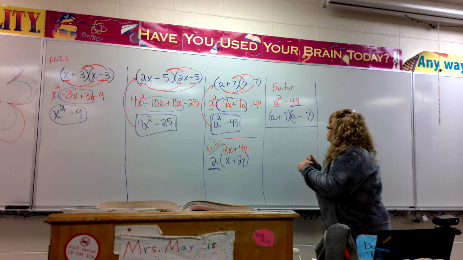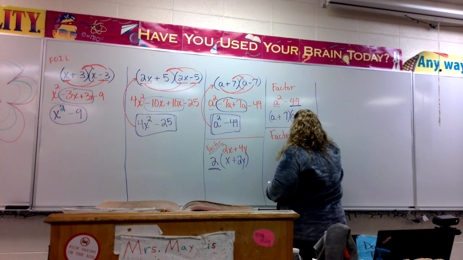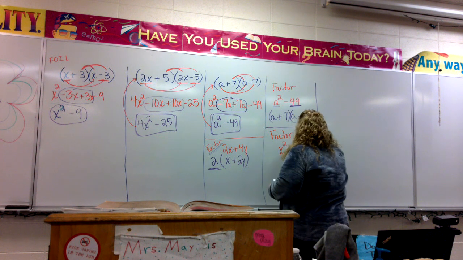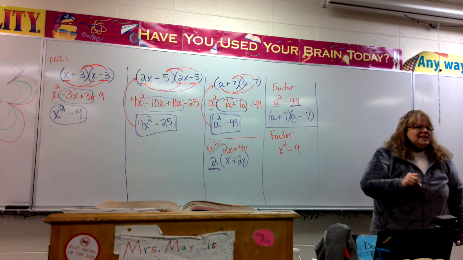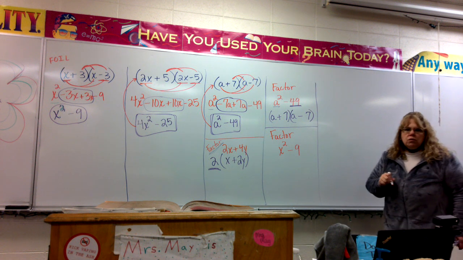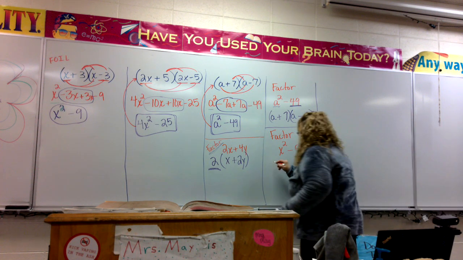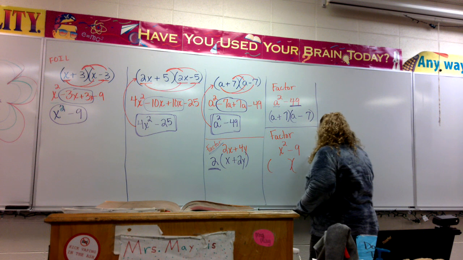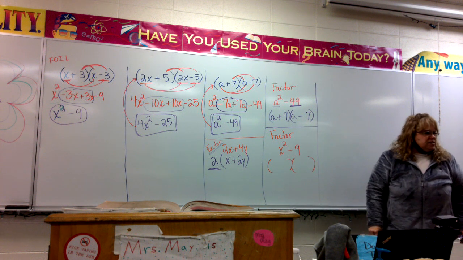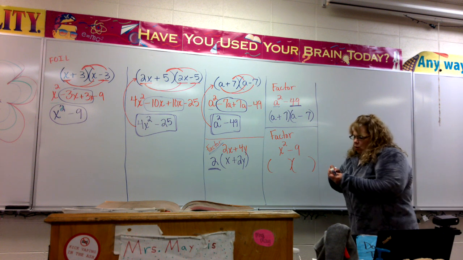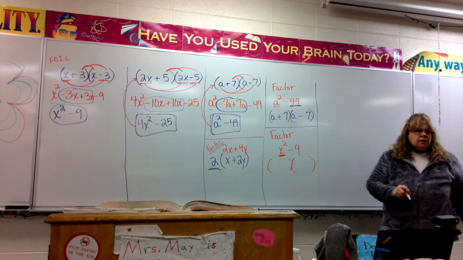What if I ask you to factor x squared, take away 9? Is there anything in common to those 2? No, there's nothing in common to take out. So your next possibility is to make the 2 sets of parentheses and see what times what gives you x squared.